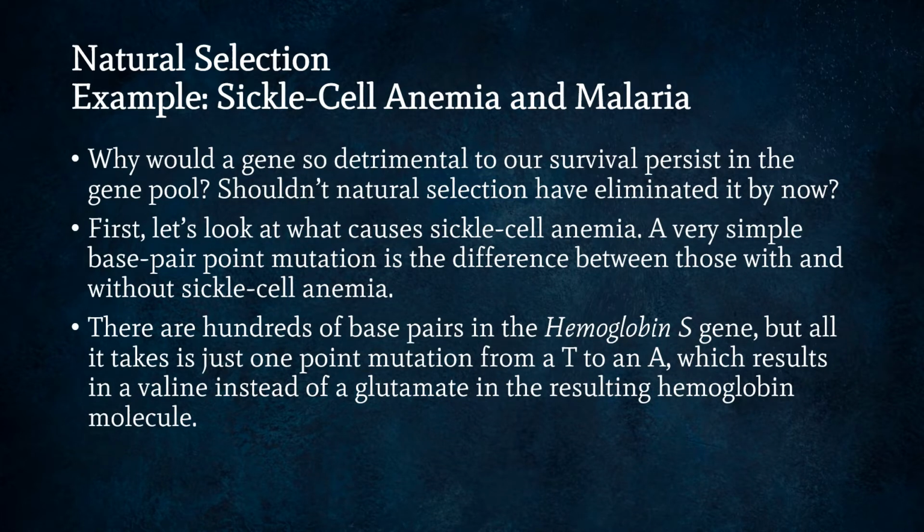So why would such a detrimental gene persist in the gene pool? Wouldn't natural selection have eliminated that gene? First, let's look at what causes it, and we did see that in the slide previously. There are hundreds of base pairs in the hemoglobin S gene, but all it takes is just 1 point mutation from a T to an A, which results in valine instead of glutamate in the resulting hemoglobin molecule.